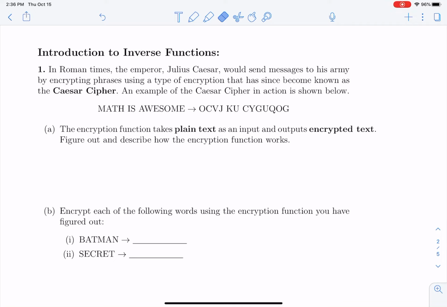It says the encryption function takes plain text as an input. So it takes math is awesome, or each letter there, as an input, and outputs an encrypted text. It says figure out and describe how the encryption function works. Well, one thing we might want to do is take a look at each individual letter.